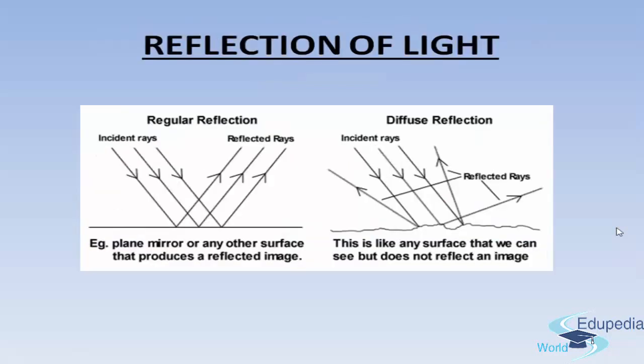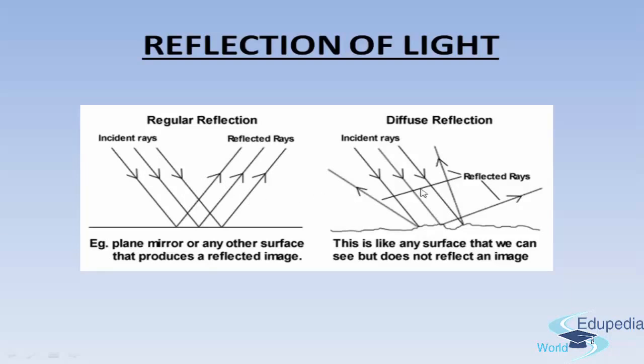Now we move on to discussing what is regular reflection and what is diffused reflection. Regular reflection is, for example, if we take a plane mirror and we have incident rays which are parallel to each other, then the reflected rays will always be parallel to each other because it's a regular reflection.